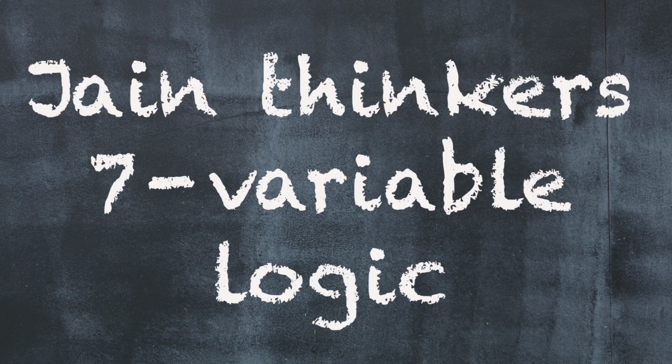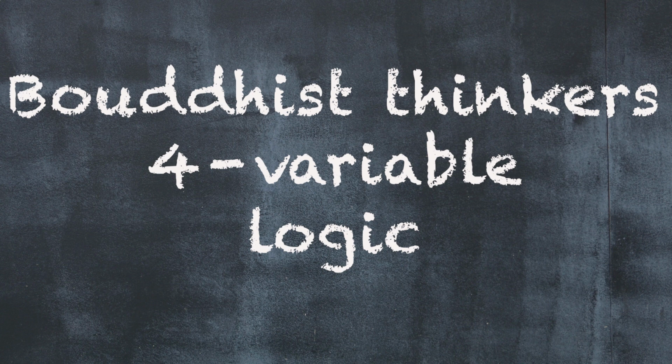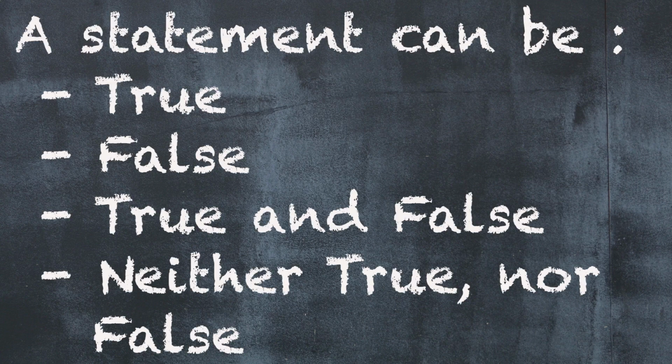In ancient India, Jain thinkers had developed a seven-variable logic, and their Buddhist counterparts had developed a four-variable logic, where a statement is true or false, or true and false, or neither true nor false. Modern logicians have developed multi-variable logic.